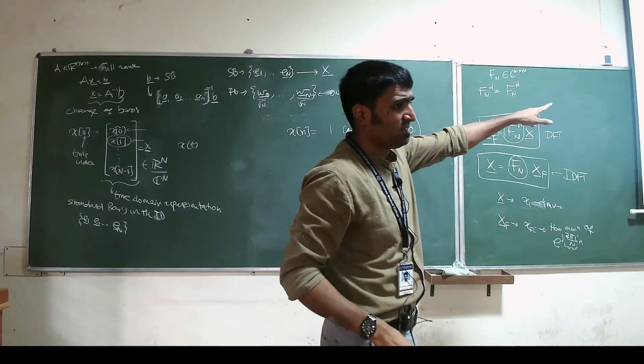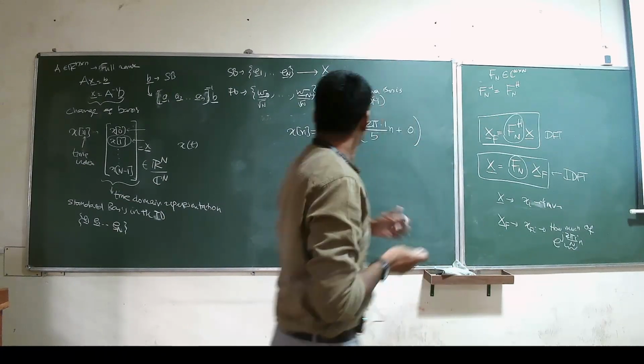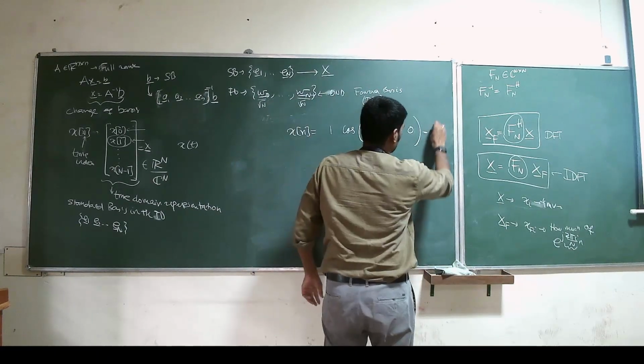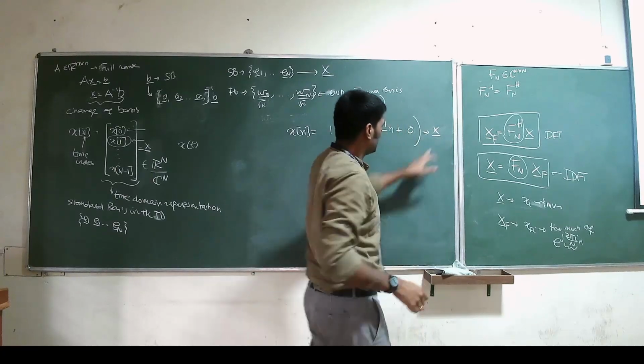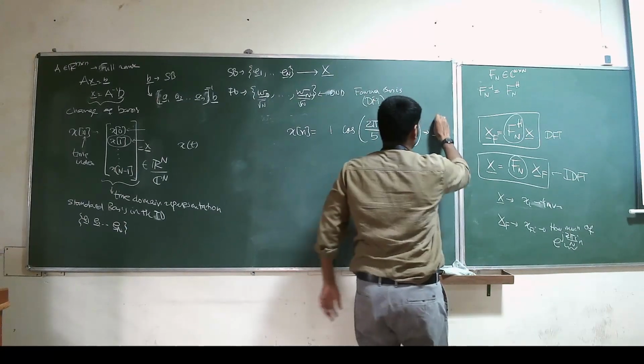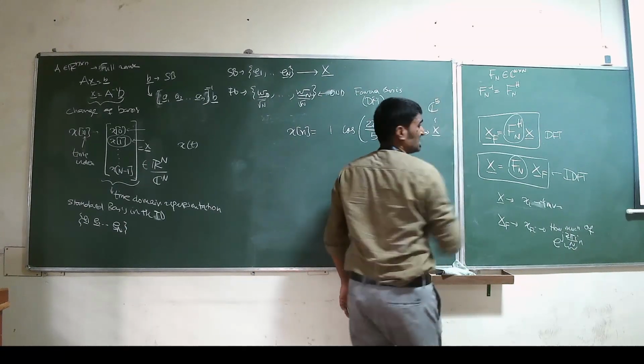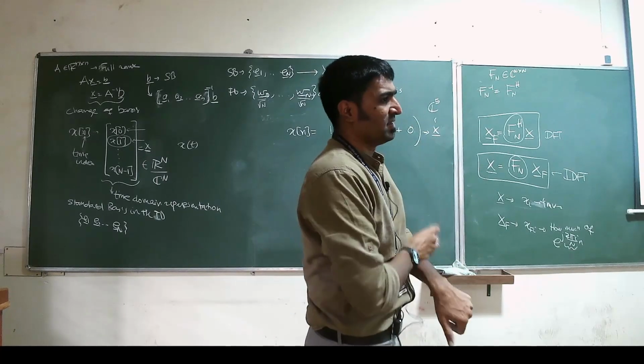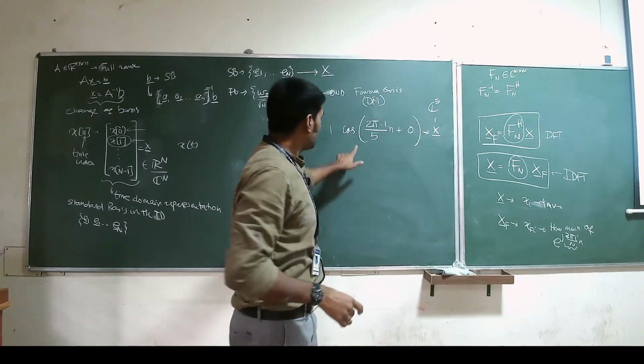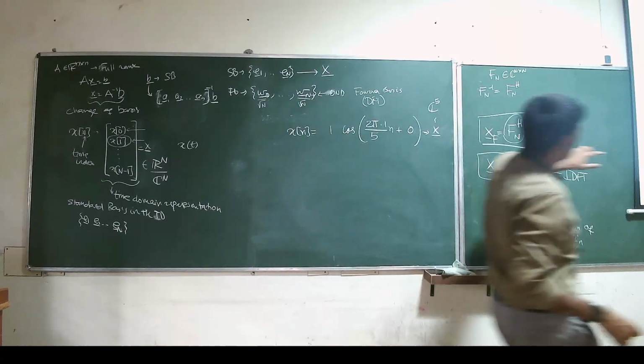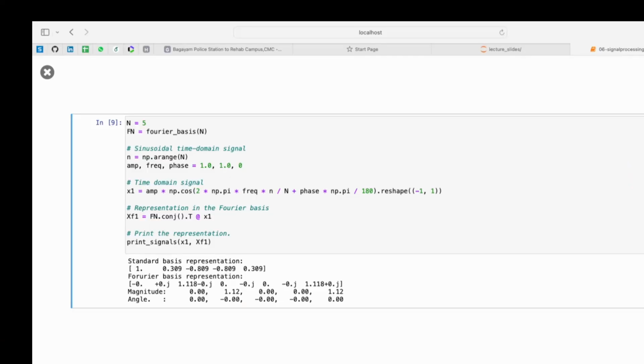This is x1, and this defines my vector x, which is a 5 vector. This is in fact a vector from C5 because capital N is 5. That's my time domain representation, and that's essentially this signal: 1, 0.309, minus 0.8, minus 0.8, 0.309.